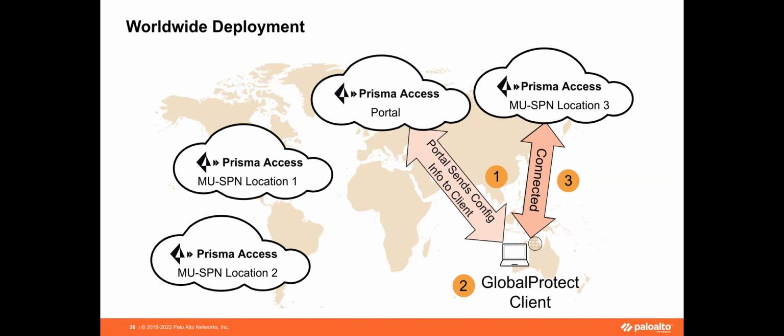So the client then connects to the best MUSPN using a secure VPN connection. After the mobile user connects to the Prisma Access portal, the GlobalProtect client application uses the selection process that we will explain here to determine which MUSPN it will connect to.